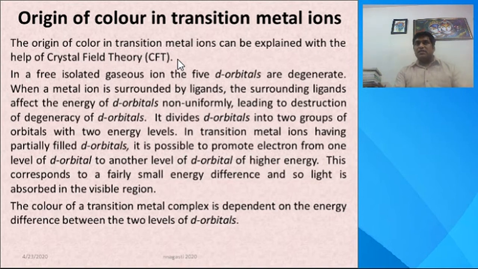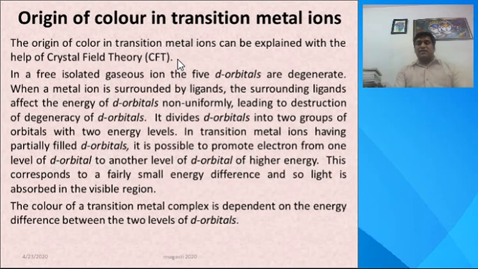Now when these d orbitals are split into two sets, the electronic transition from the lower set of d orbitals to the higher set of d orbitals gives rise to color in that particular metal ion and its compounds and complexes.